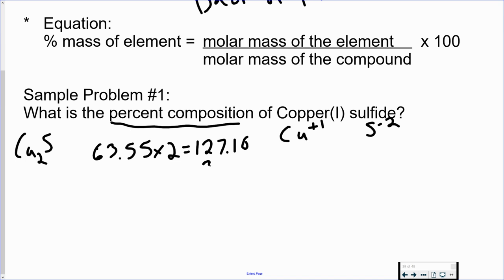With sulfur, it is just 32.07. Added up, this is going to give us the mass of the entire compound of 159.17. So this is a percent composition just based off of molar mass.